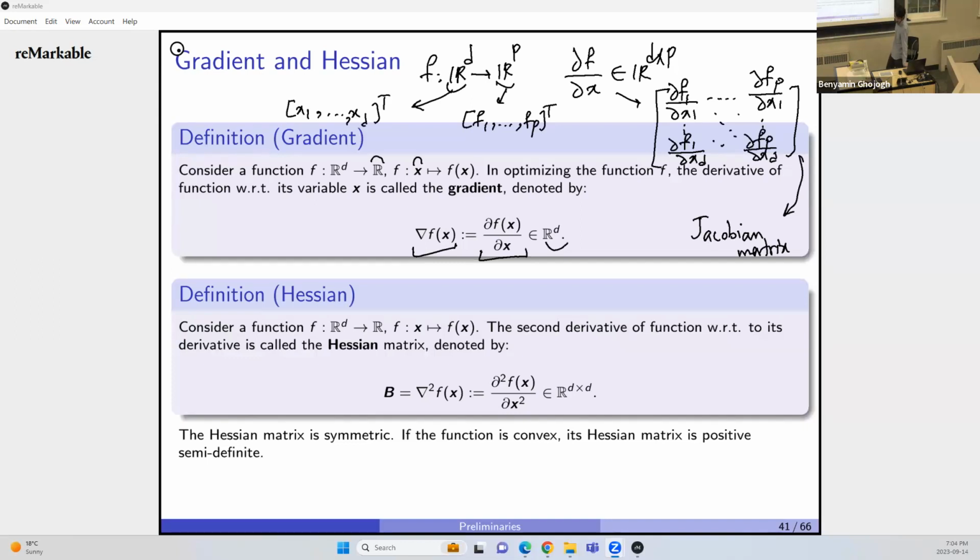By the way, you might be wondering, when we say derivative of a vector with respect to another vector, such as in this case, should it be a d by p matrix or a p by d matrix? Which one? If you ask me this question, meaning that you're picky on these things, I'm saying that doesn't matter. Choose one convention and stick to that convention until the end. What do I mean by until the end? Because usually you have matrix multiplications.